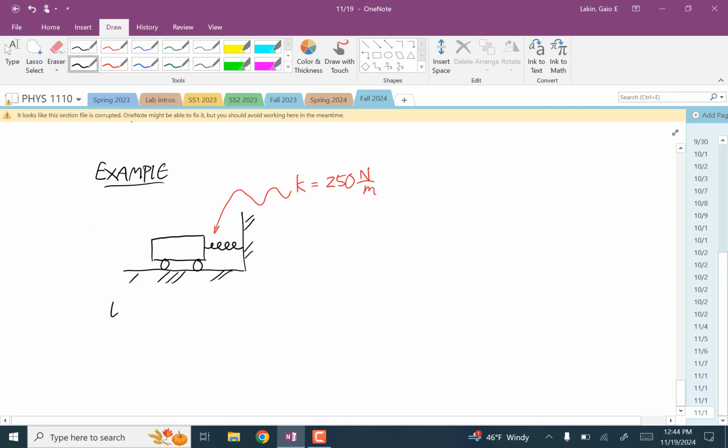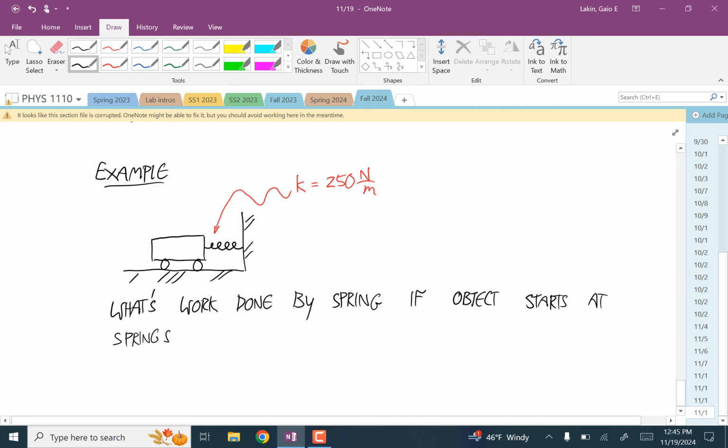And so the question is, what's the work done by the spring if the object starts at the spring's resting length and then is stretched 10 centimeters, so 0.10 meters.